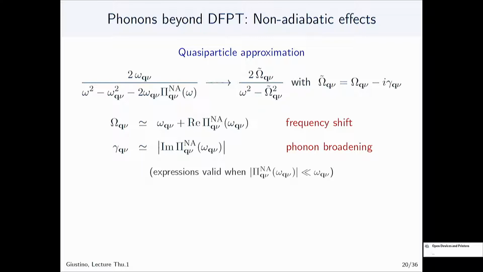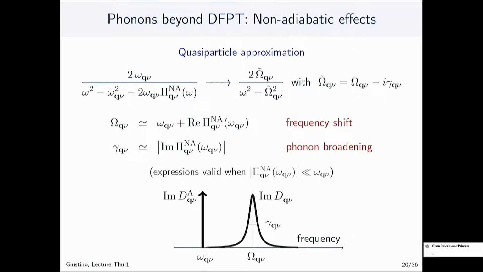So why is this useful? Well, this is useful because if you do a DFPT calculation and calculate the phonon density of states, suppose there's only one phonon in your system, you're going to get a sharp peak, okay? That's a phonon which has an infinite lifetime because the broadening is 0. As soon as you switch on these effects, you acquire a shift in the real part of the pole, so that's a shift in the energy, so this thing has moved, okay?